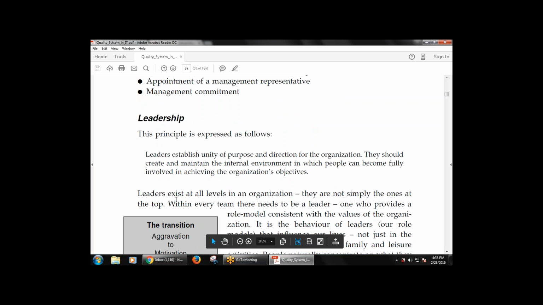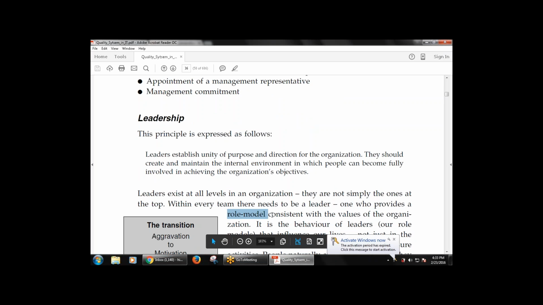That means leaders are not available only at the top. No, it's not the case. Within every team, there needs to be a leader. For example, the monitor in the class is a leader.